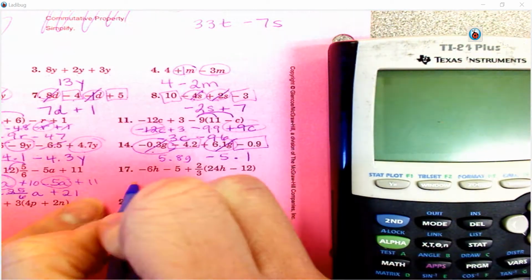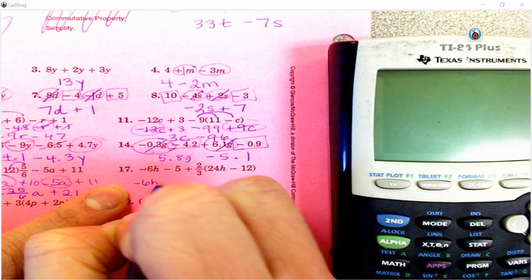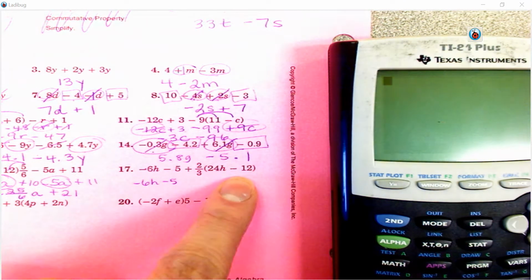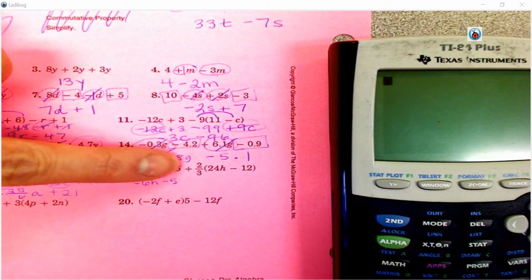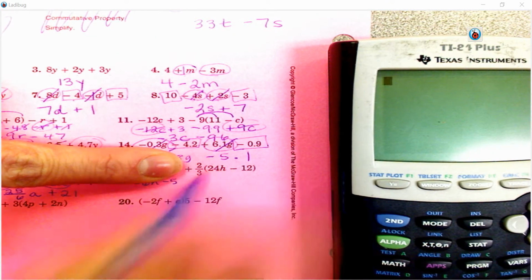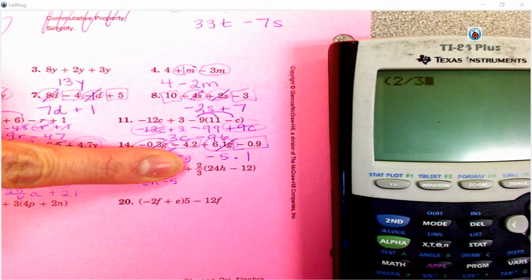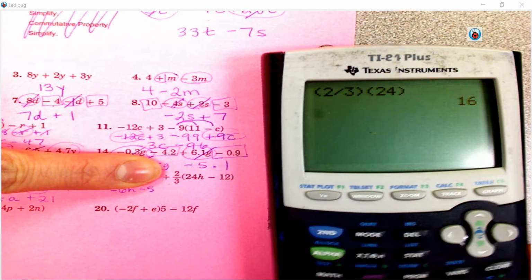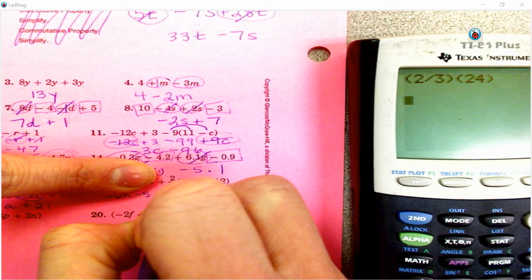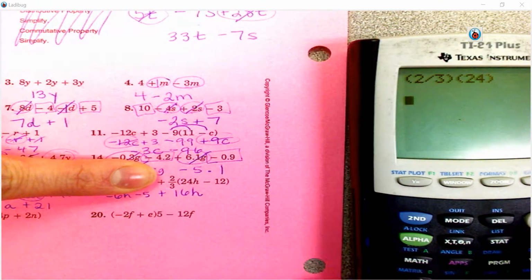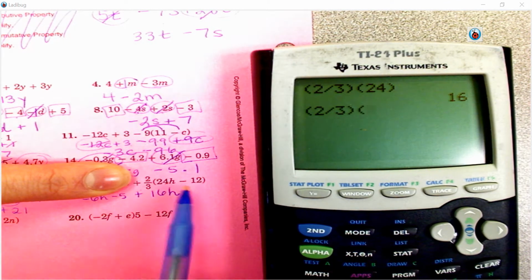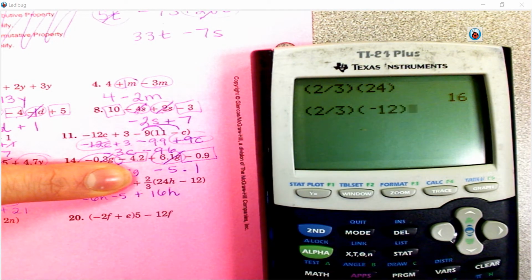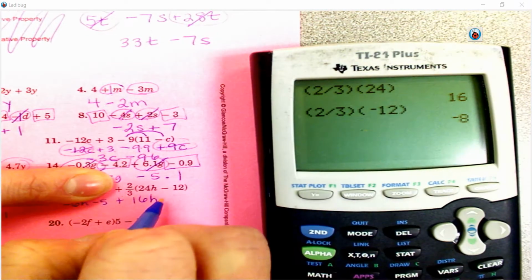Okay, next, I have a negative 6h and a negative 5 that are not part of this distributing here, not touching parentheses at all. I have 2/3 times 24, and I get 16, so 16h, and then I have 2/3 times negative 12, and I get negative 8.